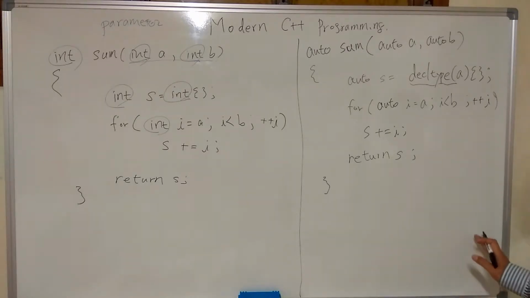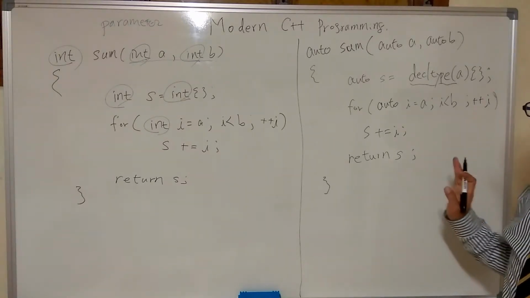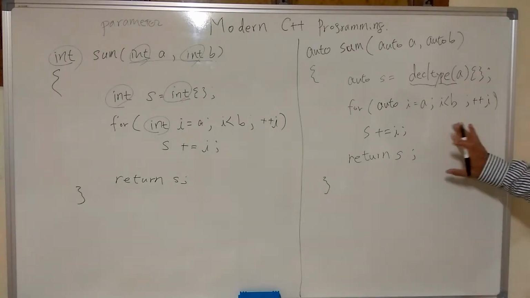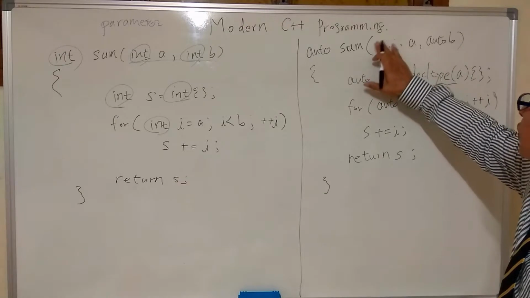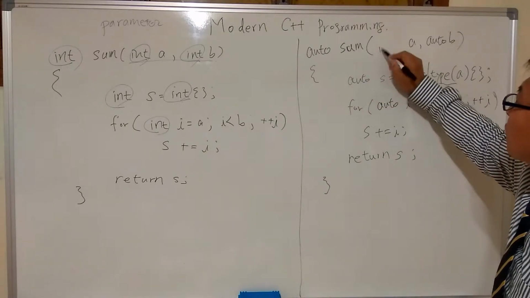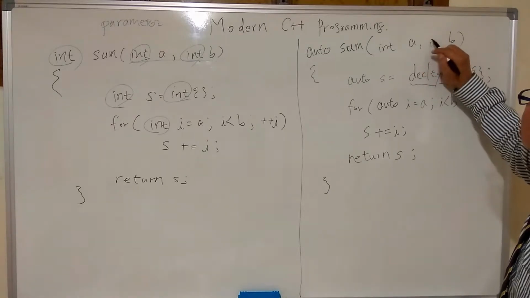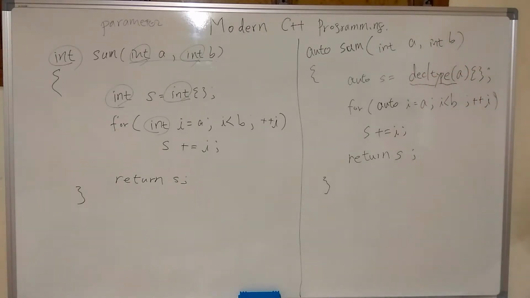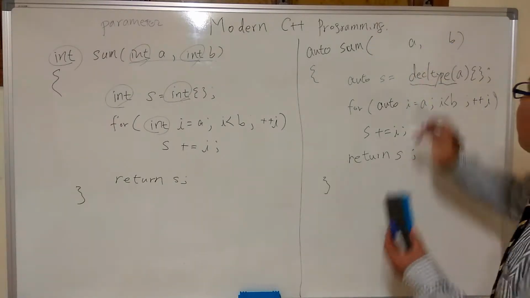Currently, as of today, I mean April 2nd of 2018, Visual C++ does not support this feature. In the case of Visual C++, you still have to use int, like this. But in the case of GNU C++, C++17, it supports the auto keyword in functions.